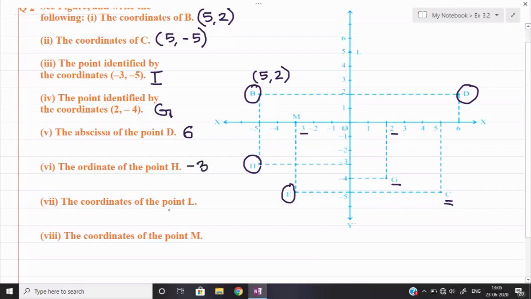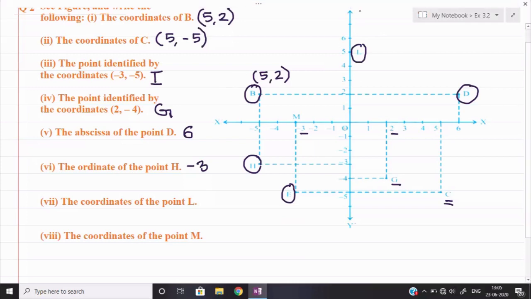Similarly, the coordinate of point L they are asking. Okay, so where is point L? L we can search. Yes, L lies here. See, this is my point L. Okay, but now there is one twist in the point L. See what they are saying. L lies onto the y-axis.